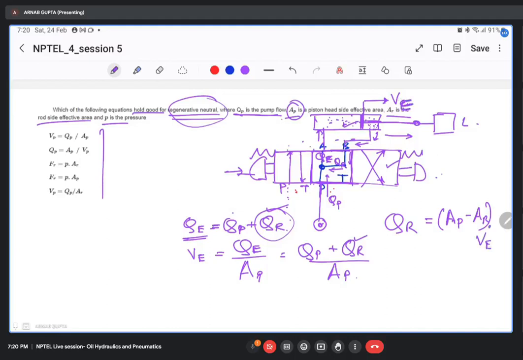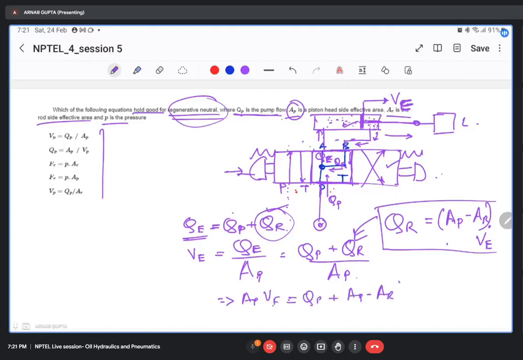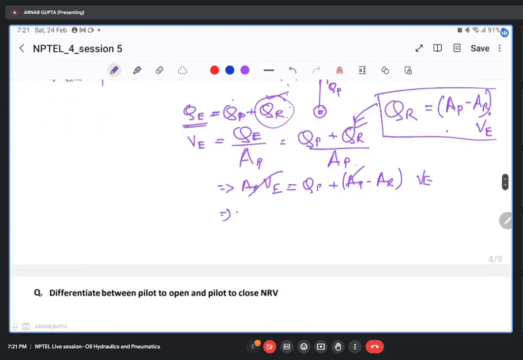If you substitute this QR over here, I will arrive at AP into VE is equal to QP plus AP minus AR into VE. This and this will cancel, and what you will get is VE is equal to QP by AR.